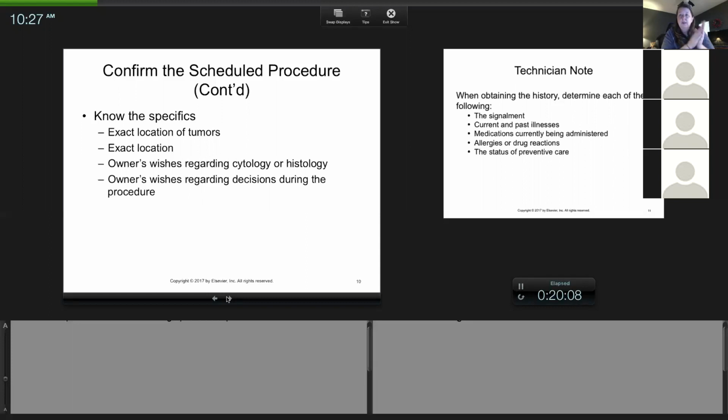But you want to try to get all those wishes down, especially where tumors are located. Because, you know, if the dog has one giant tumor, not a big deal. But sometimes, especially like these old labs, get a bunch of lipomas, which are little benign fatty tumors. And a lot of times the owners are like, just remove the one in the armpit.